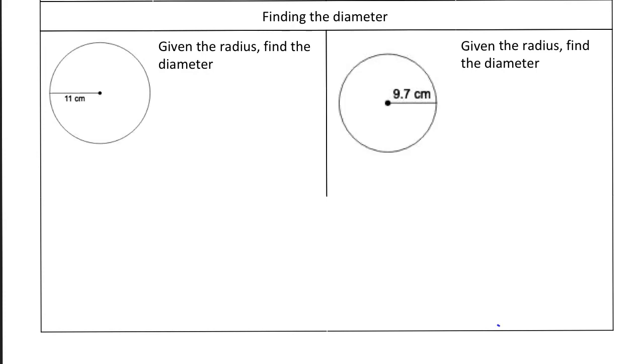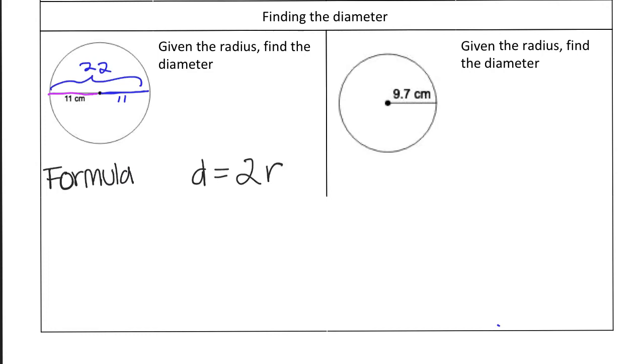So going the other way, if you have the radius, you can go the whole way across. So right now I have halfway and it's 11. And if I wanted to go another half, that would be 11 more for a total of 22. Okay, or we can use the formula still. The diameter is equal to 2 times the radius. So I can fill in what I know.